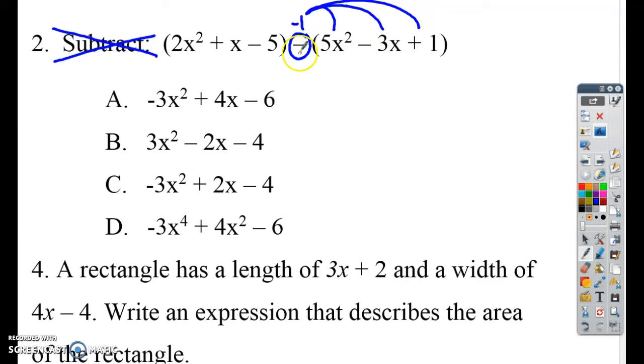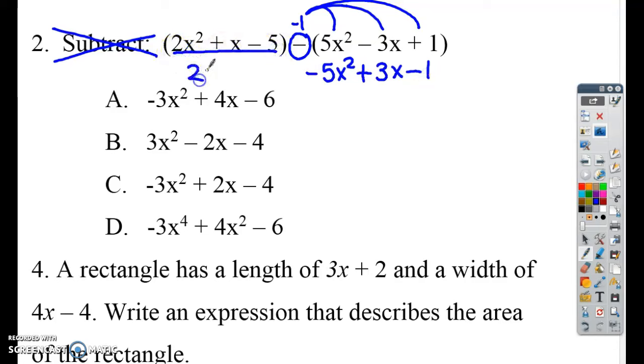So what is negative 1 times 5x squared? Negative 5x squared. What's negative 1 times negative 3x? Positive 3x. And what's negative 1 times positive 1? Negative 1. And then the rest of it comes down.